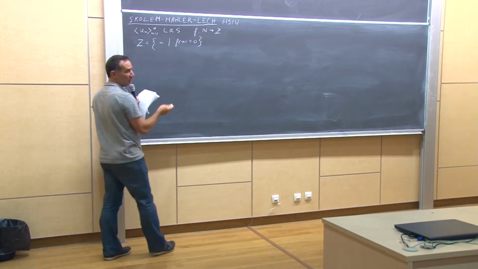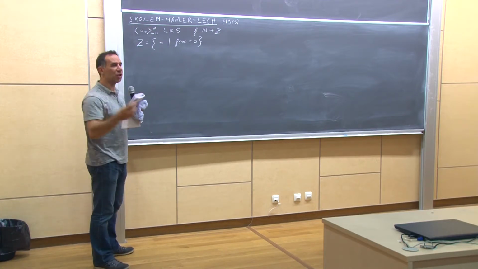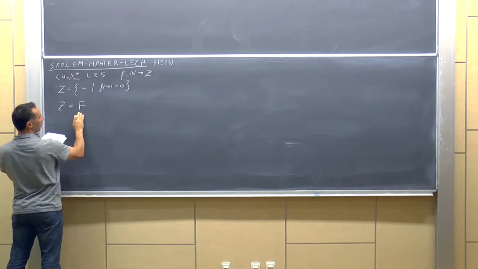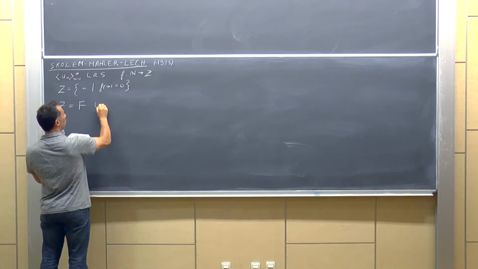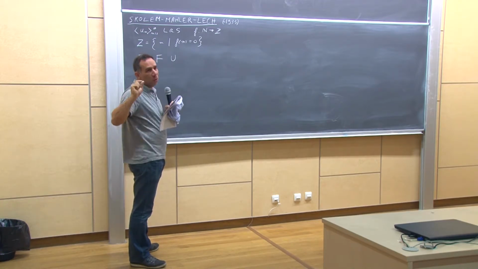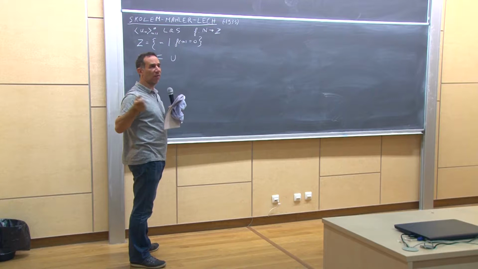Z is always a semilinear set, so a one-dimensional semilinear set, which means it always consists of a finite union of arithmetic progressions, which actually, as it happens, all have the same period.